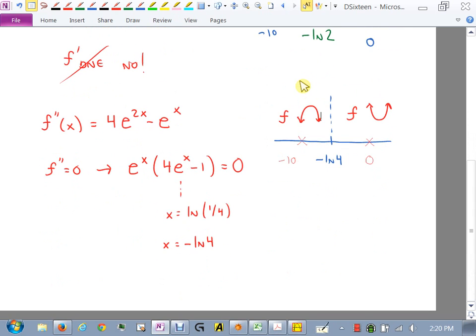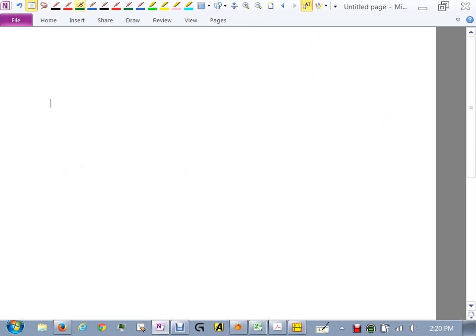All right, I'm going to move on now to the table. So I'm going to start a fresh page. What do I put on the number line for this table? Just the critical numbers. So what was the first derivative critical number? Negative natural log 2. And then the other one was negative natural log 4.